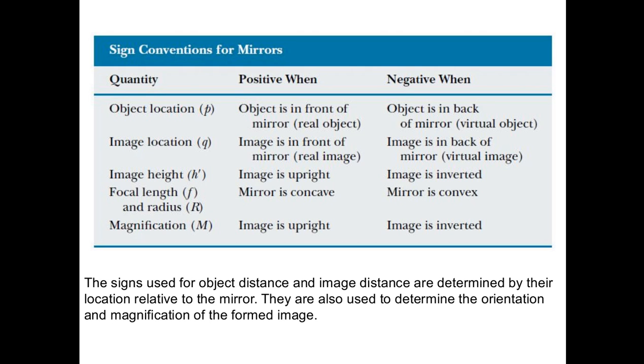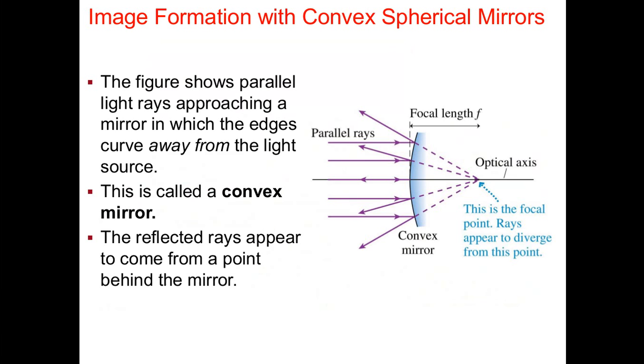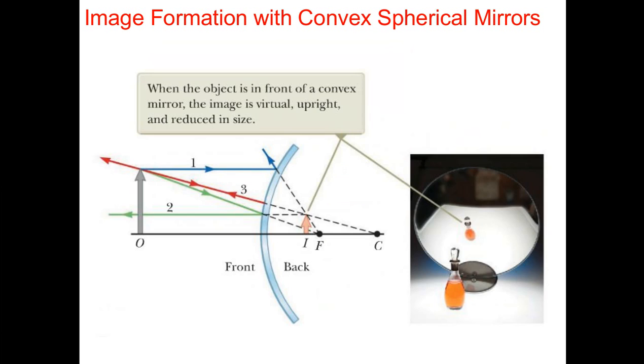Let's talk about the focal length and the radius of curvature. I talked about the focal length being on the left side for a concave mirror. Let me go back to that picture. Focal length is drawn on this side of the mirror, so f is positive. And if we're dealing with a convex mirror, the focal length is negative.